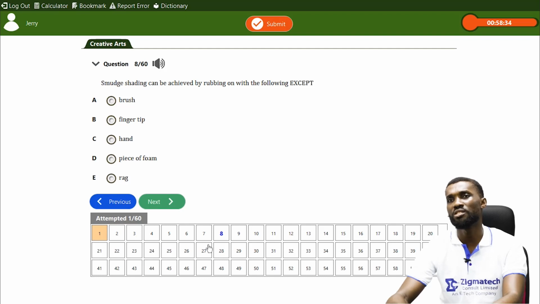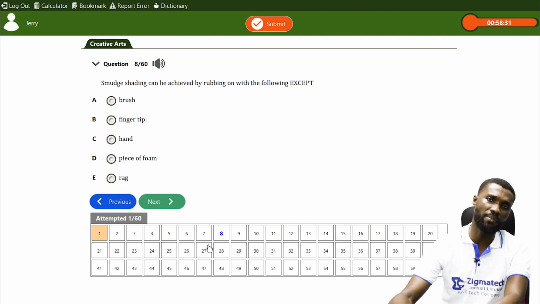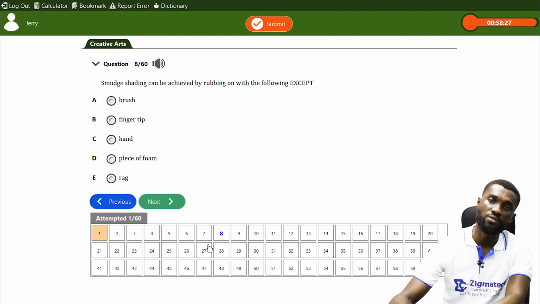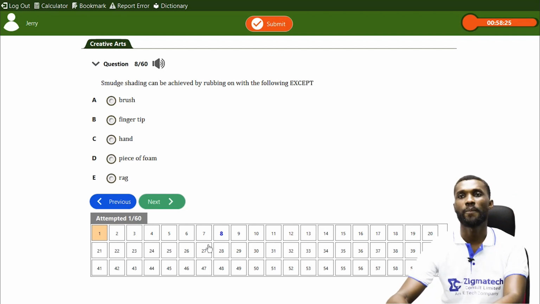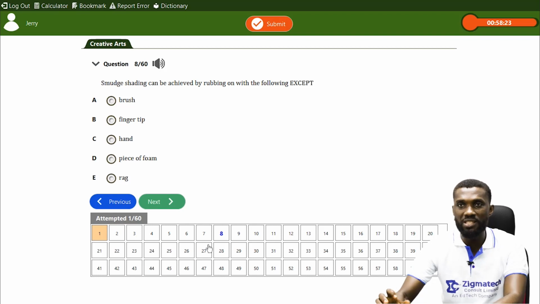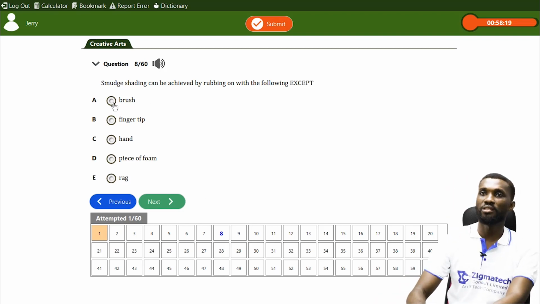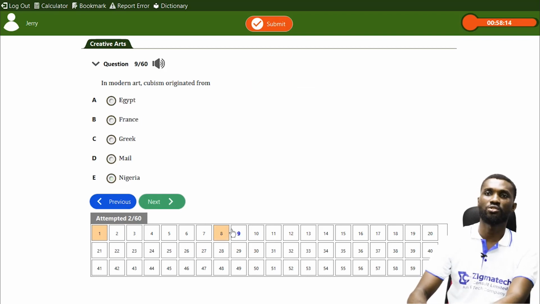And meanwhile, what is smudging? Smudging is a type of shading that we talked about, which is either blurring or smudging. So what exactly do you think the answer is? The answer is rag. Don't use a rag to smudge, but most times some other persons do anyway.